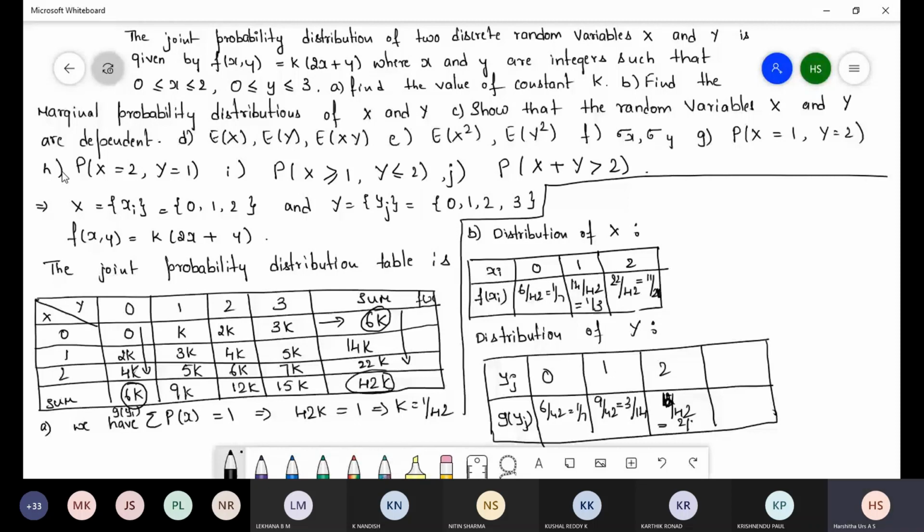Last value 3: 15 by 42, that is 5 by 14. This is the marginal distribution of y.